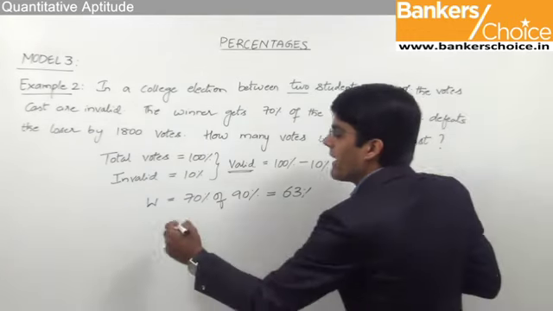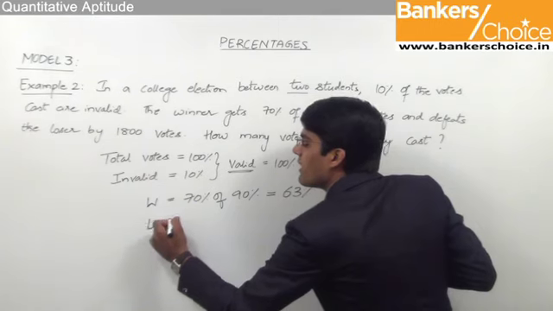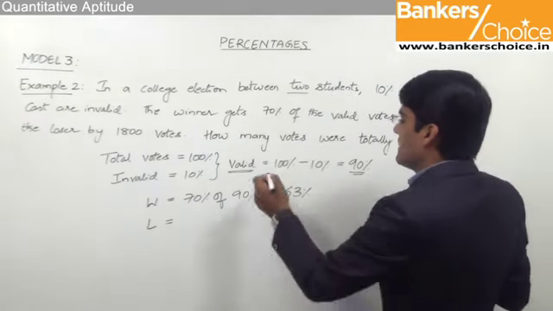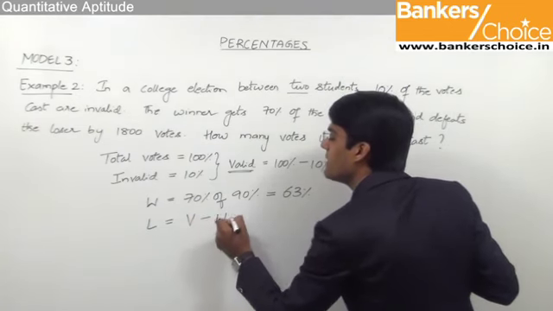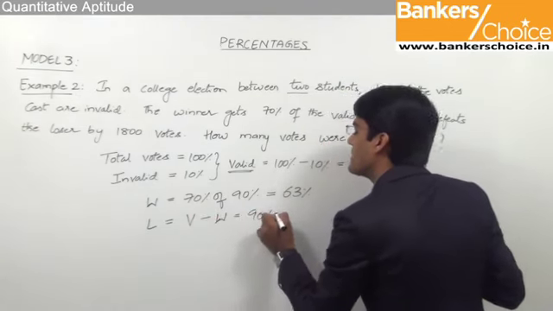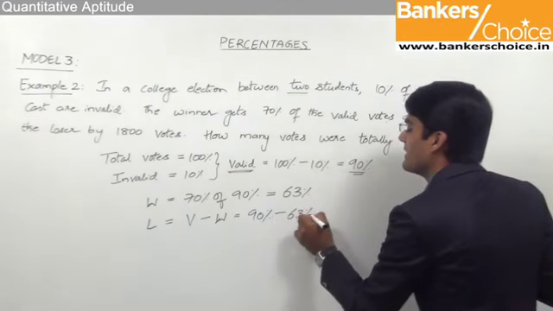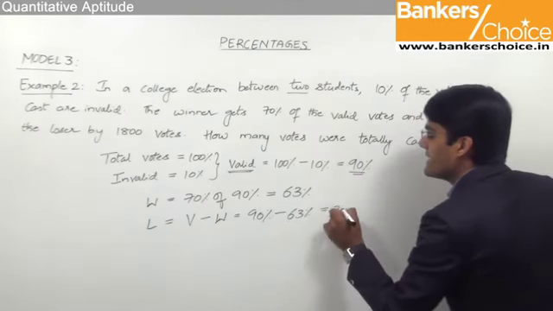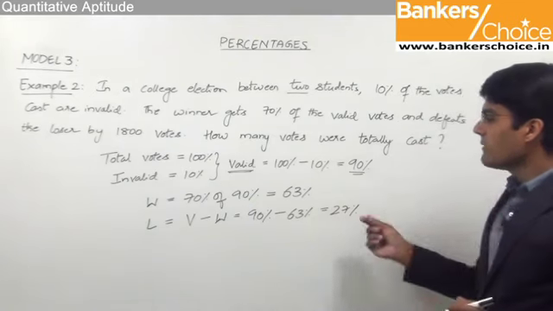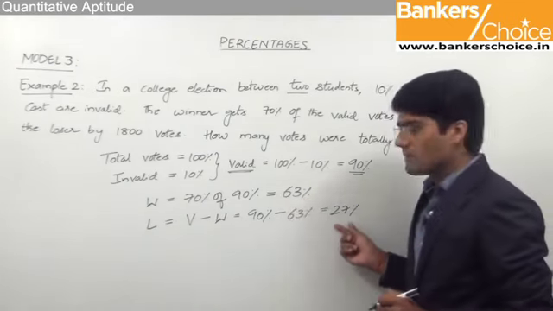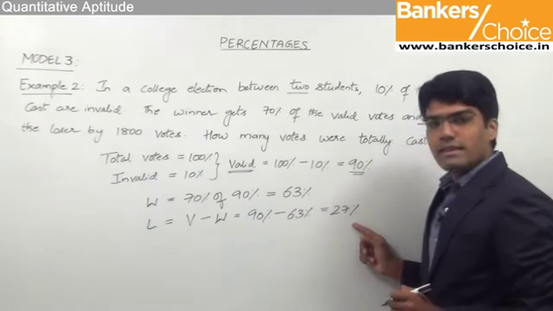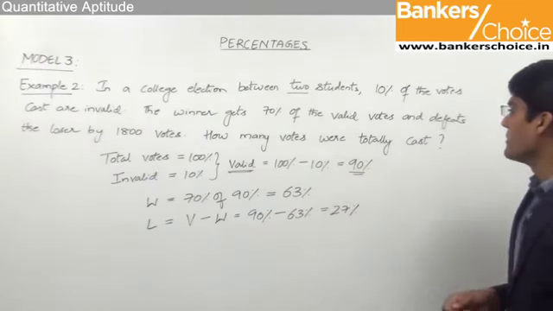Now we can find out the number of votes obtained by the loser as the valid votes, which is 90% minus the votes obtained by the winner, that is 90% minus 63%. That comes out to be 27%. So the winner has got 63% of the votes, the loser has obtained 27%, which totals 90%, and the remaining 10% were invalid votes.